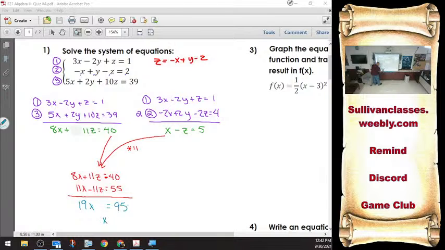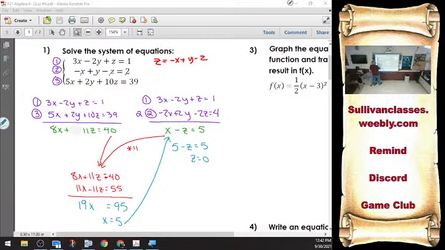Oh, okay. It actually works out all right. And once I know that x is 5, I'm going to come over here and say 5 minus z is 5. Cancel, cancel. I just get z is 0. Yeah! I got letters and numbers. Now what?